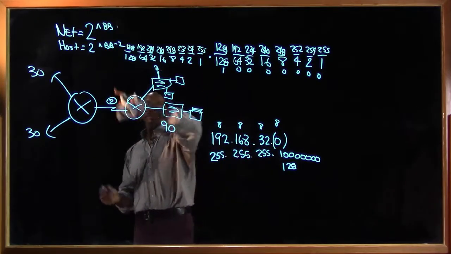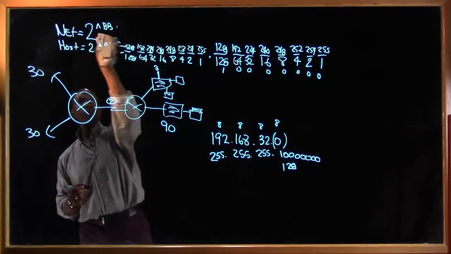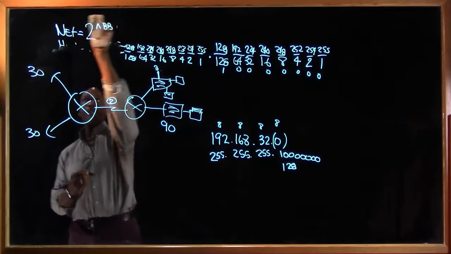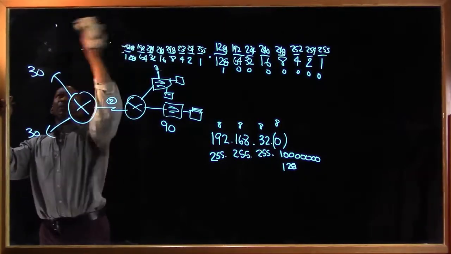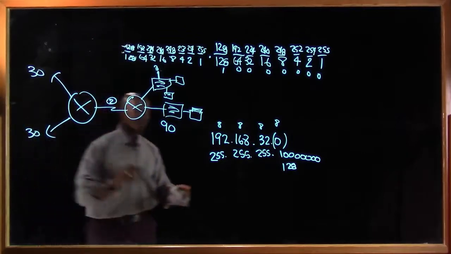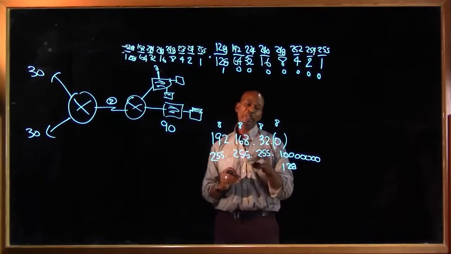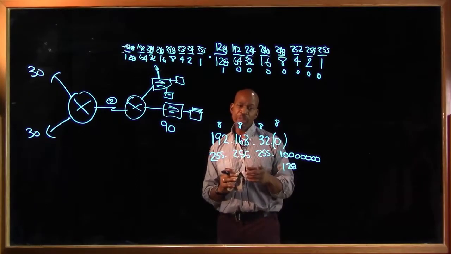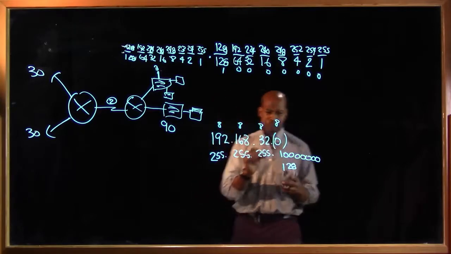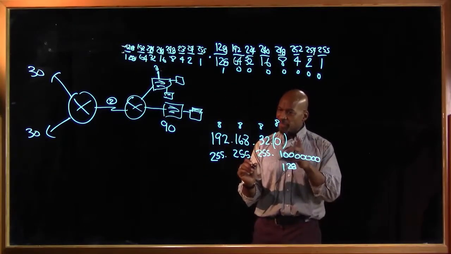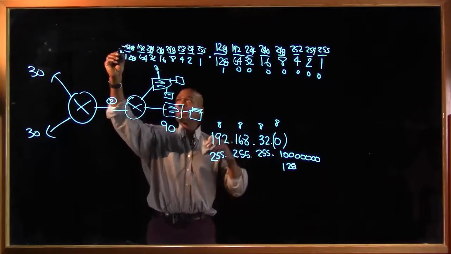Now, you can imagine that this continues for another 2 octets. So when we see this number, it is represented in a 32-bit dotted decimal number. When we see this, we write it as this.